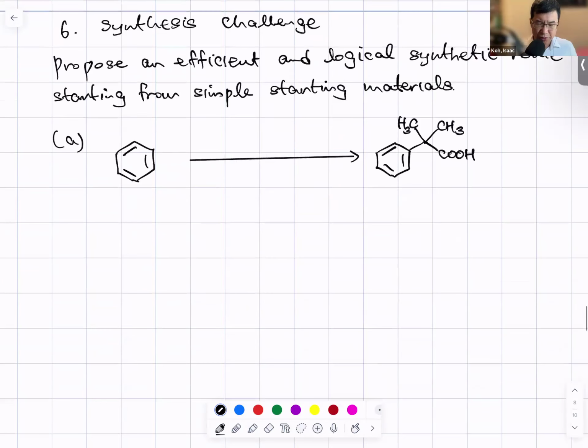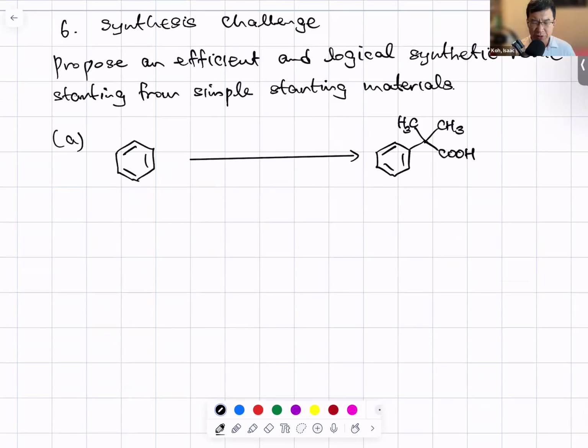Okay, now let's do a synthesis challenge. Propose an efficient and logical synthetic route starting from a simple starting material. So here we have benzene, a simple 6-carbon compound, and we now have these groups added.